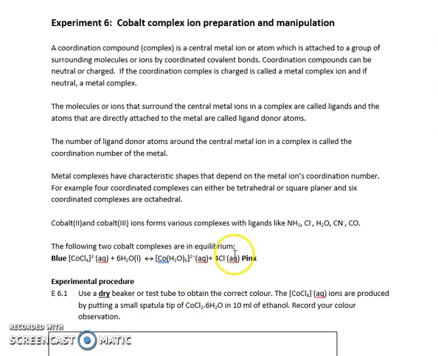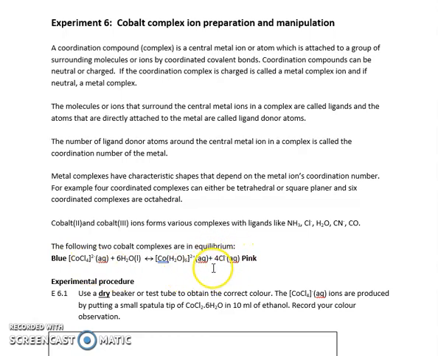Now if we are adding more chloride ions by adding, say, hydrochloric acid or sodium chloride or potassium chloride, we are increasing the amount of chlorides, and you know from Le Chatelier's Principle that the equilibrium will react to counteract this disturbance. If we are increasing the amount of chlorides, the equilibrium will try to decrease it again by reacting with this cobalt complex to form more of this other cobalt complex.